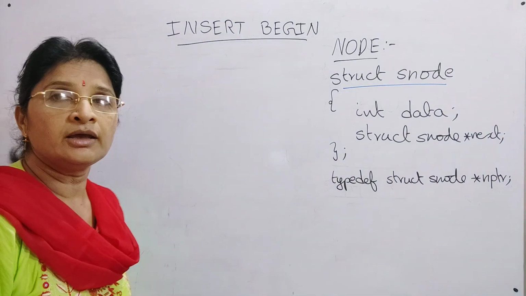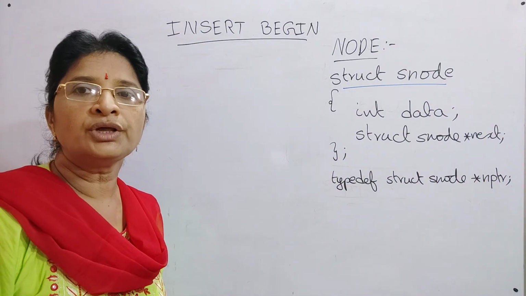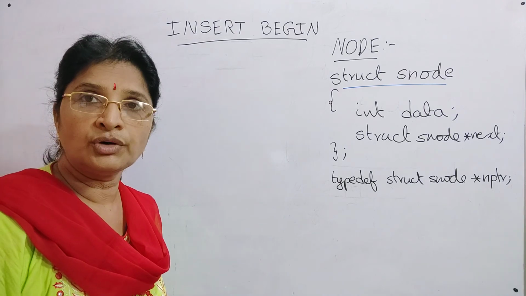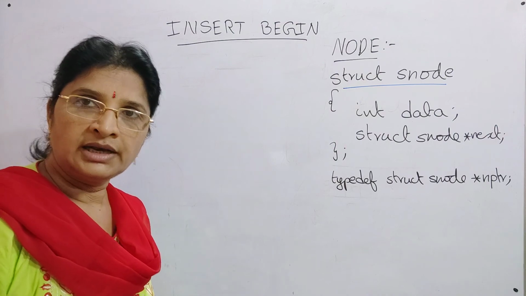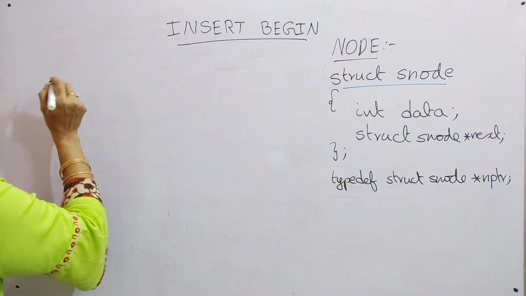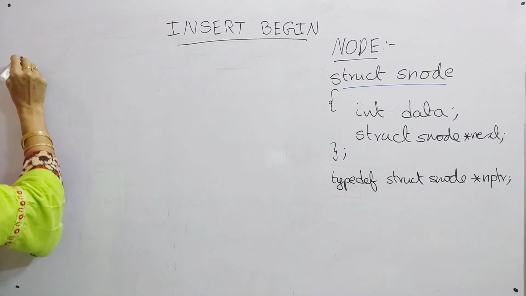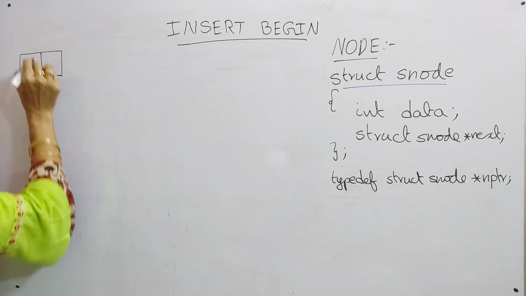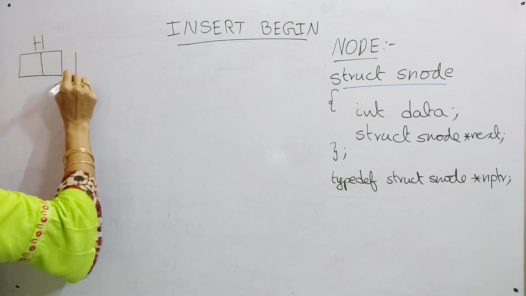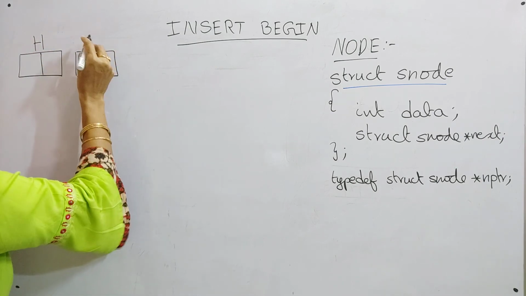Now we will see how you can insert a node into an existing list at the beginning of your list. First of all, I will draw that there is a list. This is the header node, and then I am giving the nodes.